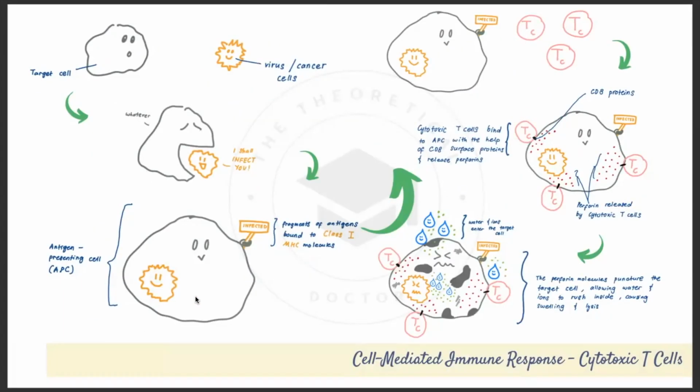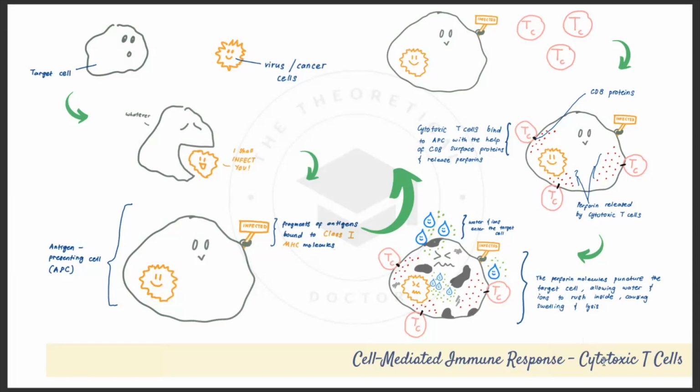So what happens is when the target cells are infected or become cancerous, foreign antigens within the cells are processed, just like in the previous slide, and then fragments of the antigen will be presented on the plasma membrane. But this time, it is bound to class 1 MHC molecules.